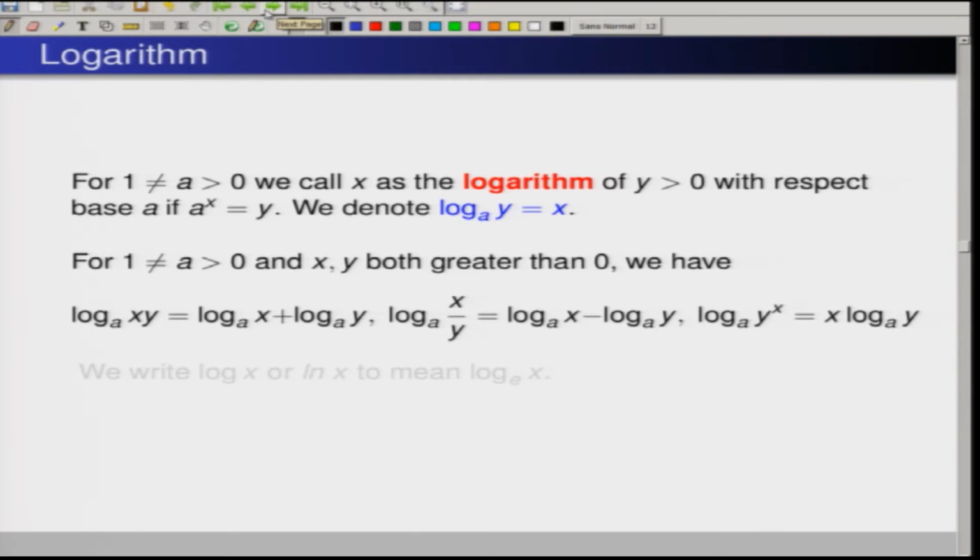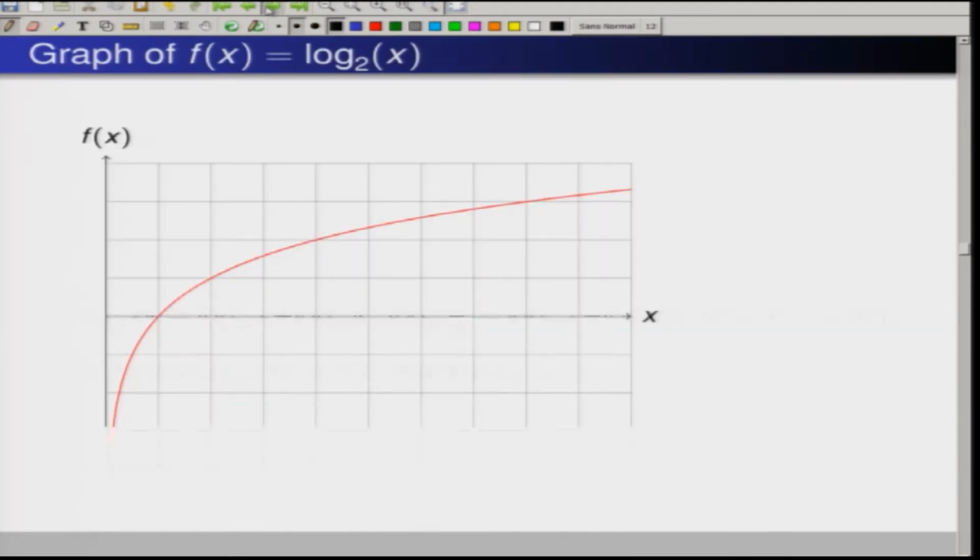And this nomenclature is that we will write log x to the base e as ln x. Okay, this is what the graph is. So, this is your 0 and then this is 1, log 1 is 0. This is how your logarithm graph is going to look.